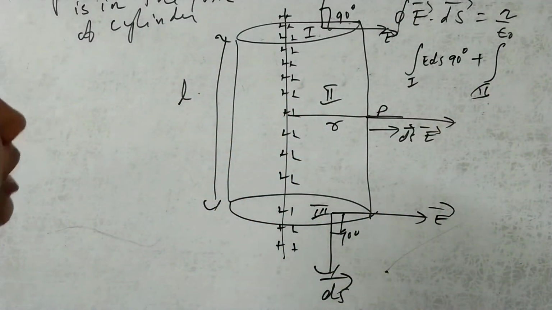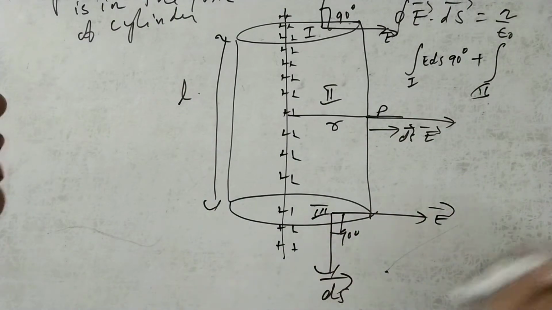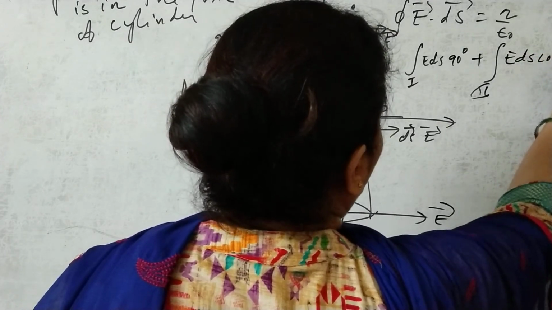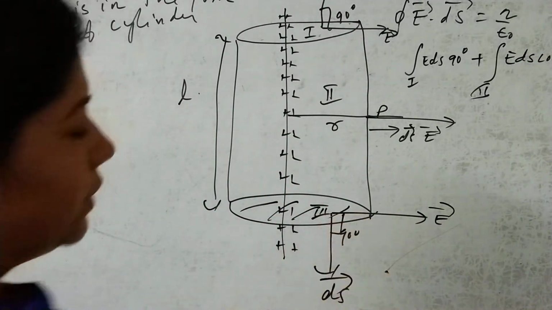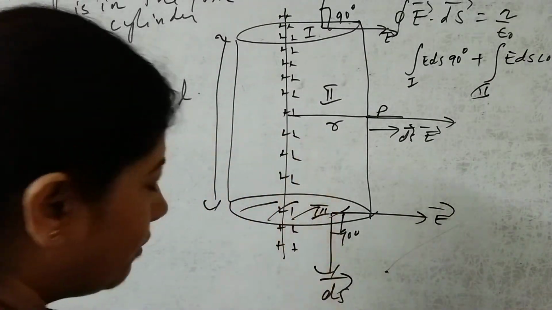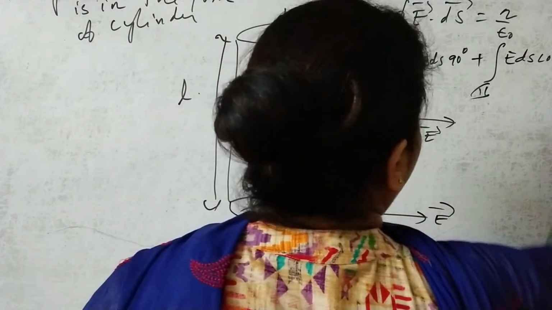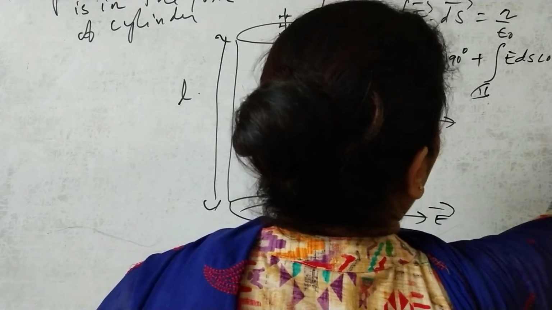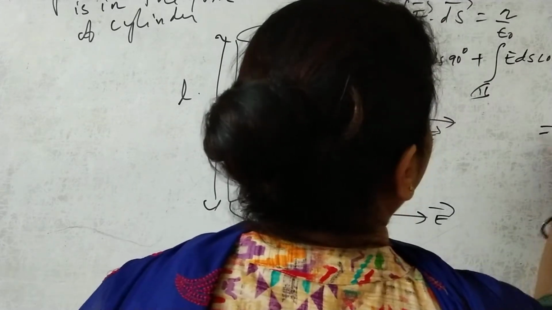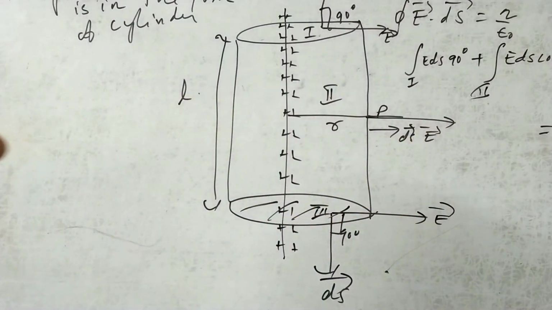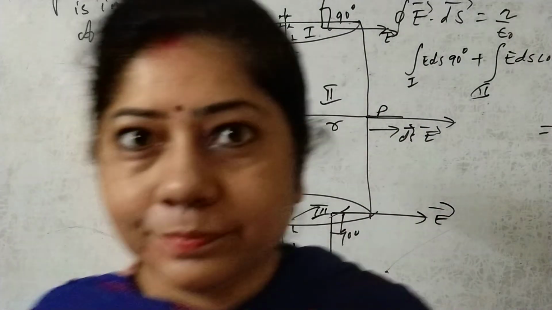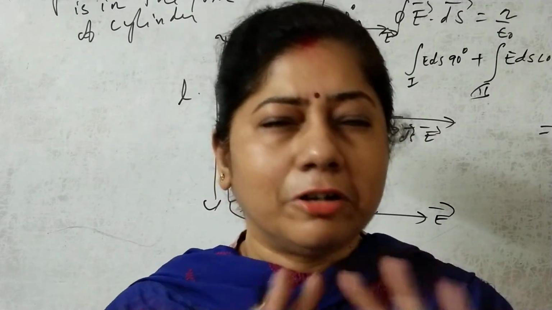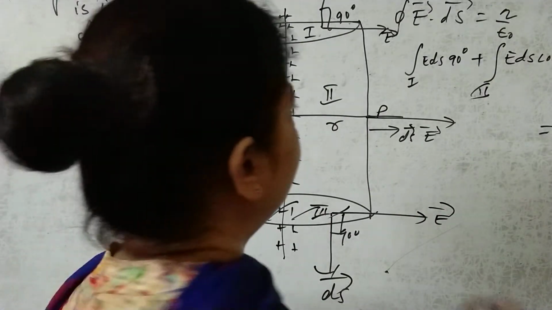For the curved surface, E vector is in that direction and the area vector is also in that direction, so they have an angle of 0 degrees, cos 0 degree. Then the bottom surface: the electric field is in this direction and the area vector is in the downward direction, so again an angle of 90 degrees. This is region 3, E ds cos 90 degree. All of this is equal to Q by epsilon naught. Now what is cos 90 degree? Think, it is 0. So the first region and the third region are not contributing anything, and we are left with the curved surface.